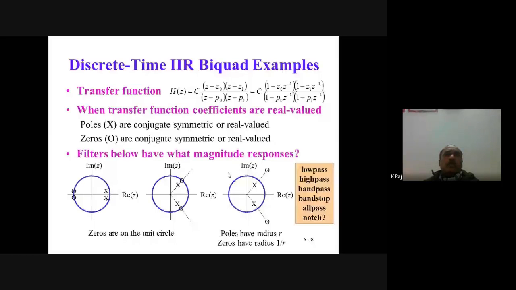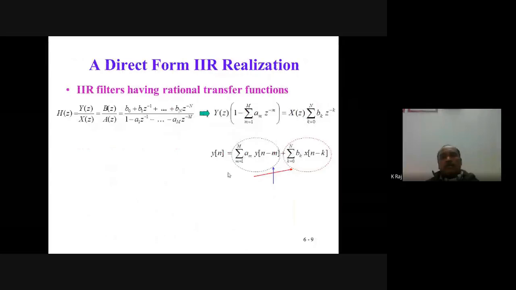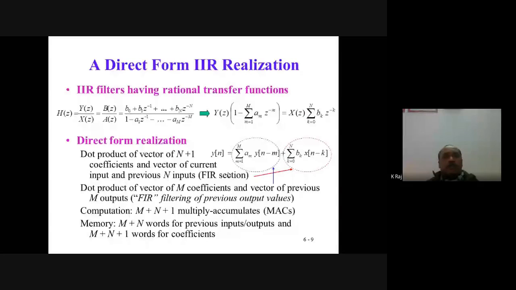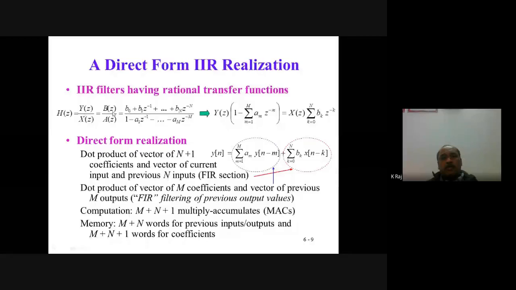Now if we consider a direct form IIR filter realization, H(z), as we know, is the function Y(z) upon the P(z), and this is given as the Z transformation of the numerator to the Z transformation of the denominator, and it is written as 1 to the a_m z power minus m here.